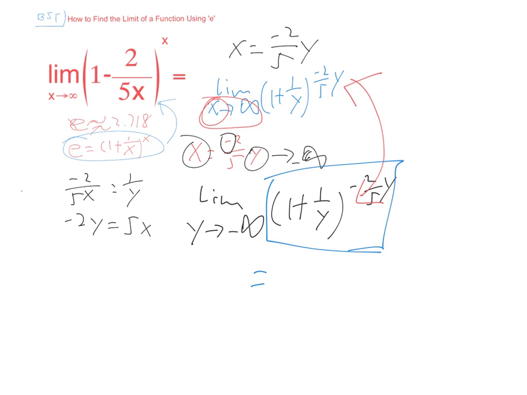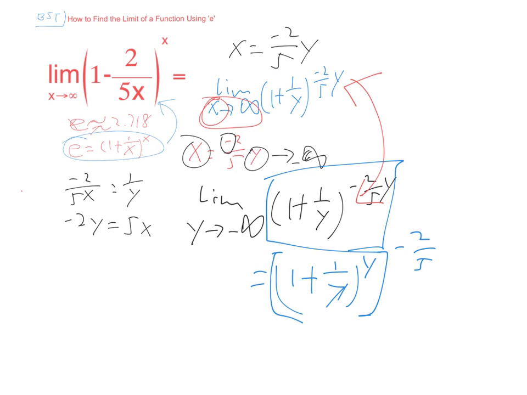For example, this equation equals (1 + 1/y) to the y, in brackets, to the negative 2 over 5. That's one of the most important exponential properties in math. And it seems like we've seen this formula here before.